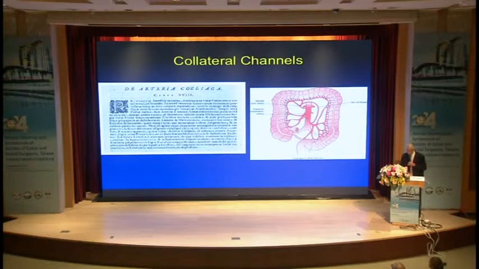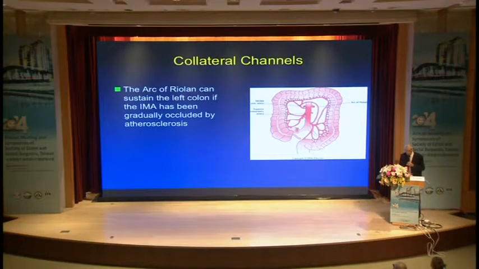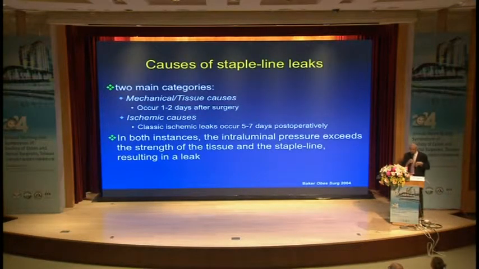It means that you have to be very careful when you're doing an operation, whether it's a right colectomy for a tumor on the right angle, the hepatic flexure, or when you are dealing with other problems, like we've heard of today, related to left colectomy.